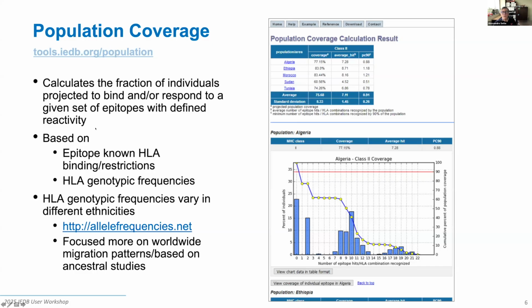Here you need to enter your set of epitopes and what they are binding or restricted to, and the tool has the HLA frequencies and then calculates what is shown here on the right-hand side. The current tool has HLA allele frequencies, not net.